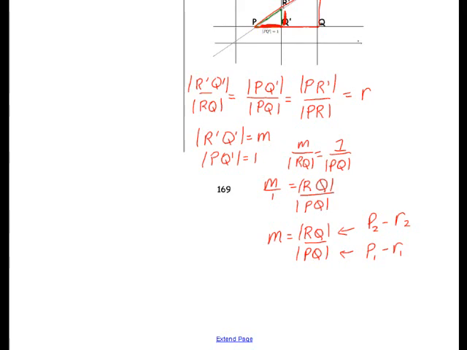So by substitution, our slope formula, drum roll please, is P sub 2 minus R sub 2, which is the change in the y values, over P sub 1 minus R sub 1, which is the change in the x values. Now we have a formula for the slope of the line that can be used for any 2 points.